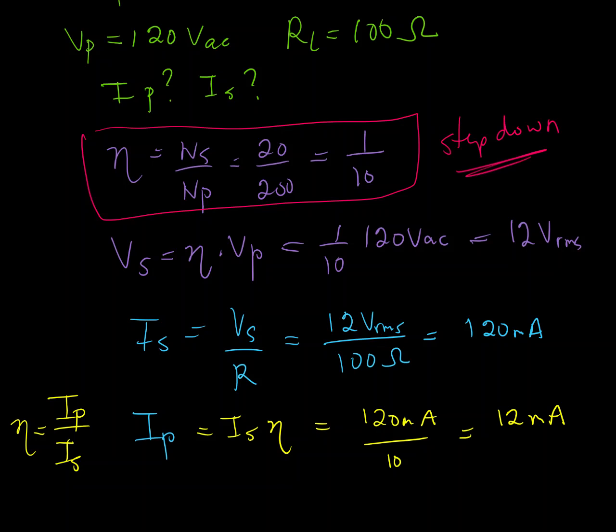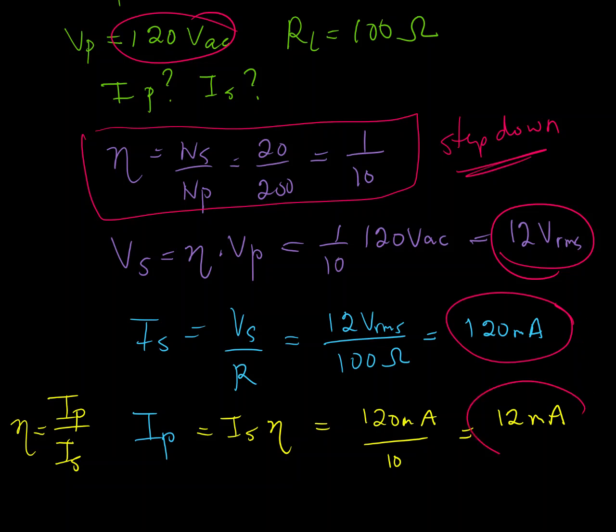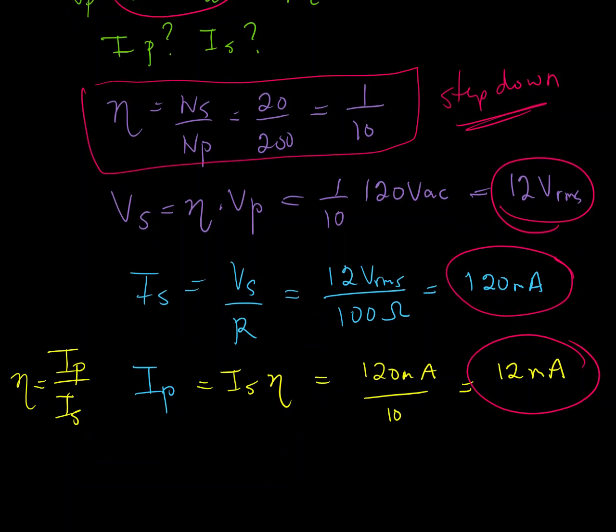And indeed we saw the voltage dropped from 120 volts AC at the primary to only 12 at the secondary, but that meant that the secondary current is higher than the primary current, because the power from one side to the other of the transformer has to remain the same. So you can see that VPIP is the same as VSIS.